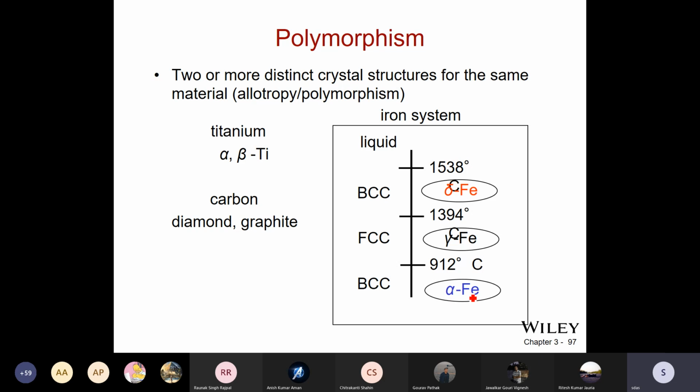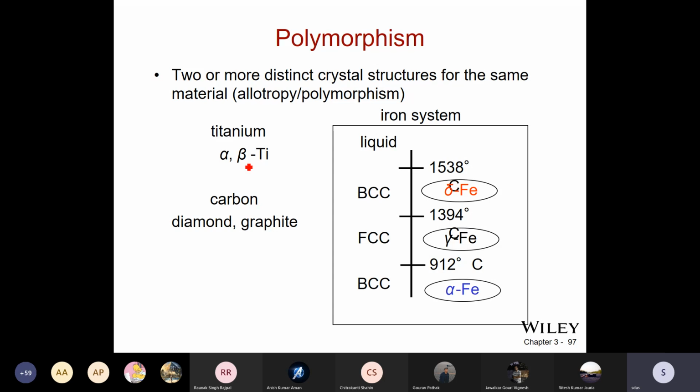From 912 degrees to 1394, we have face-centered cubic iron, which is called austenite, gamma symbol. And from 1394 up to the melting point, 1538, again we have a body-centered cubic version of iron, which is called delta iron. Alpha iron, gamma iron, delta iron.